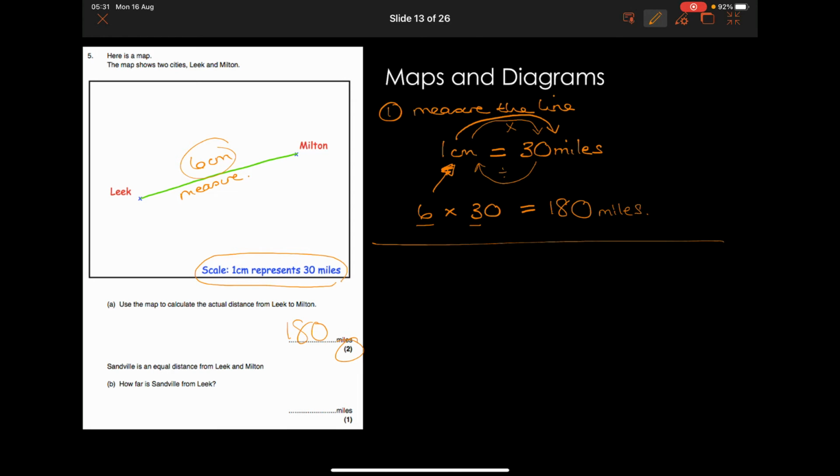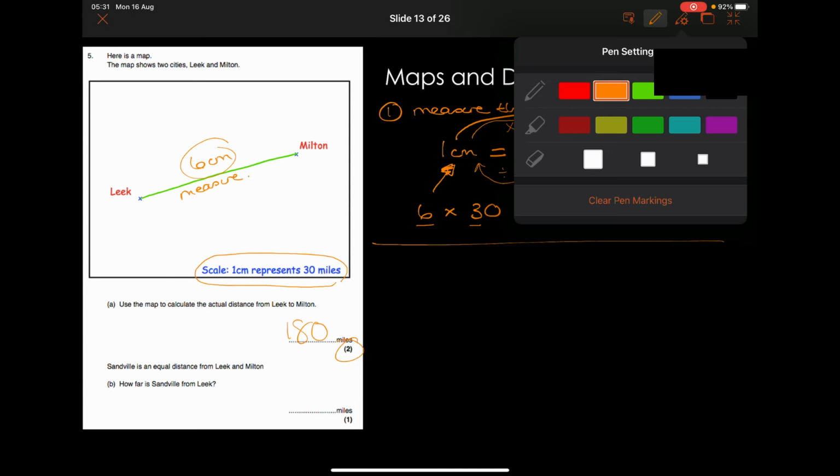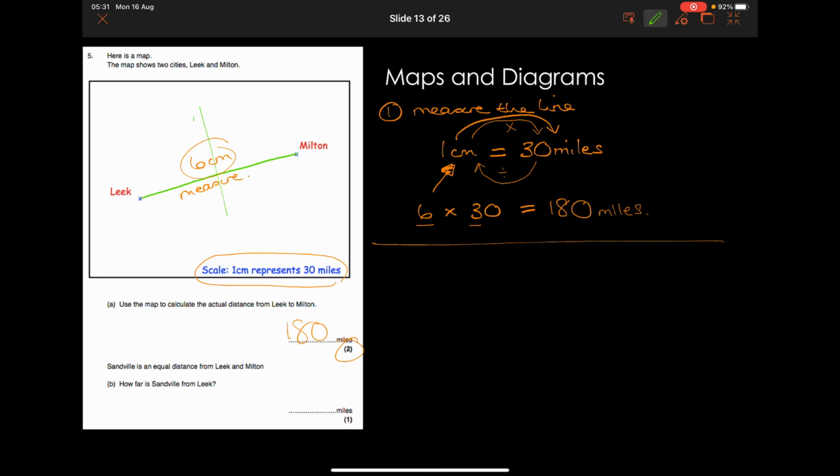The second question says that Sandville is an equal distance from Leek and Milton. How far is Sandville from Leek? So what that means is that Sandville would be about there in the middle. Sandville. Great name.